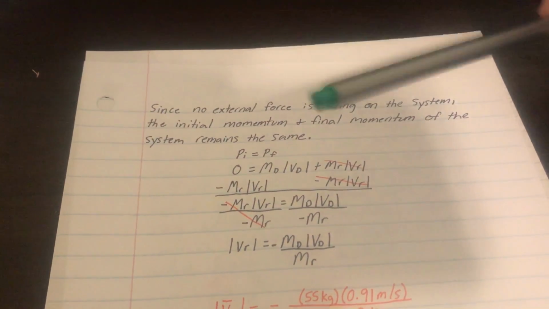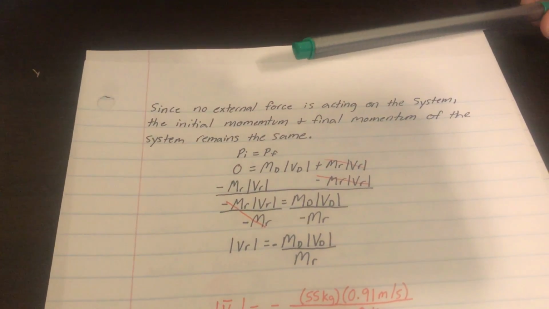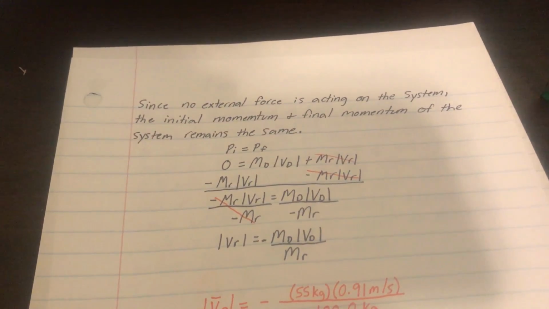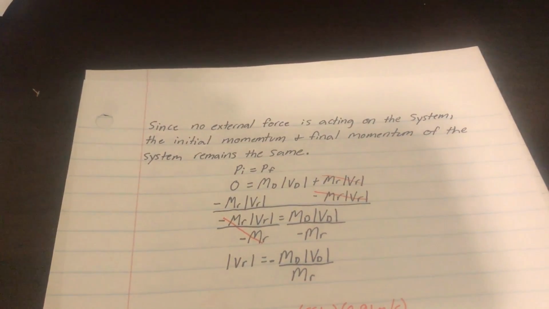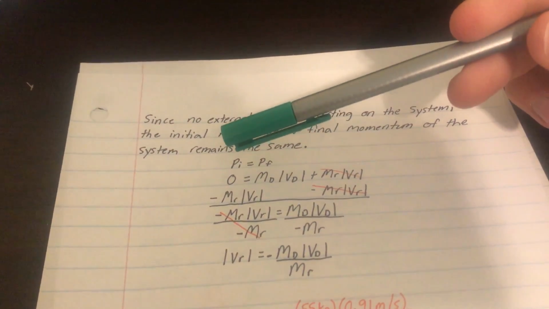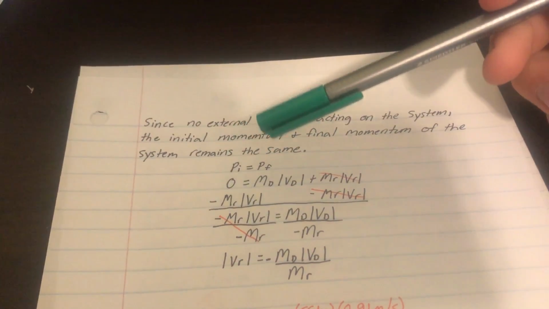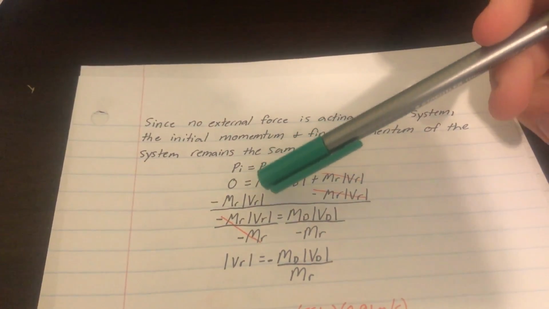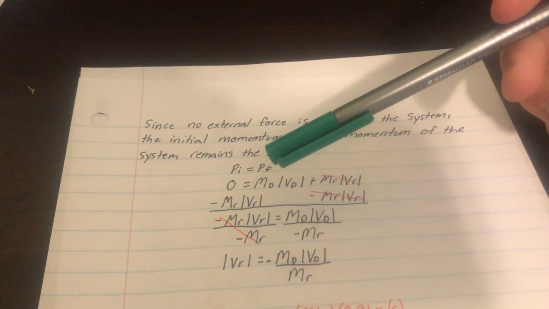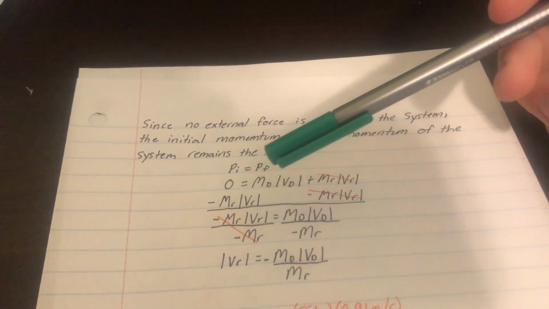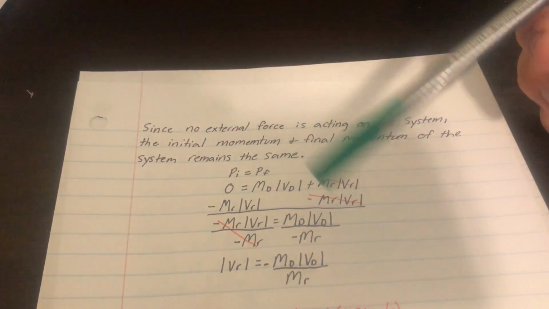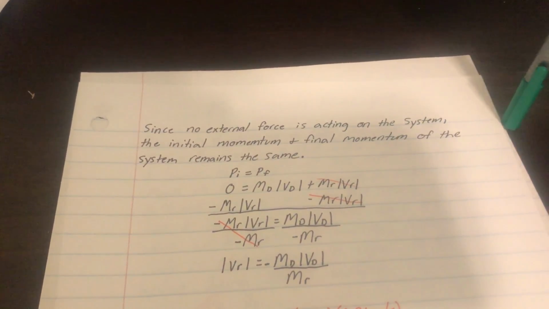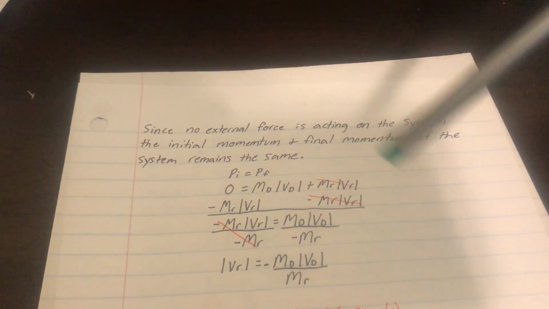Since there are no external forces acting on the system, the initial momentum and final momentum of the system remain the same. So P total initial equals P total final. The initial is 0, so we just solve for the final. The final is the mass of Diana times the velocity of Diana plus the mass of the raft times the velocity of the raft.